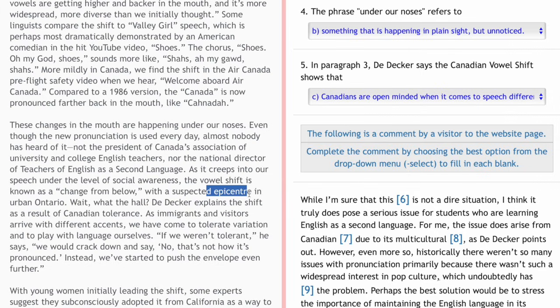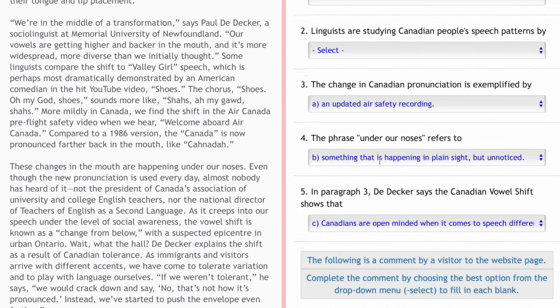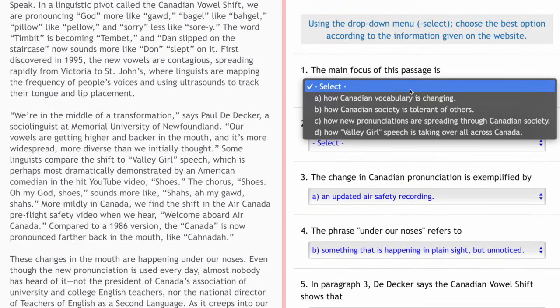So epicenter, the main area where they think or suspect it started. Okay. Right. So C. So new pronunciations are spreading throughout Canada.